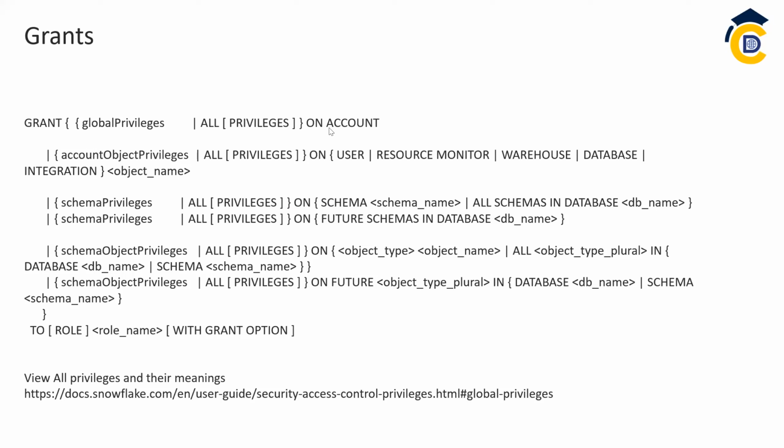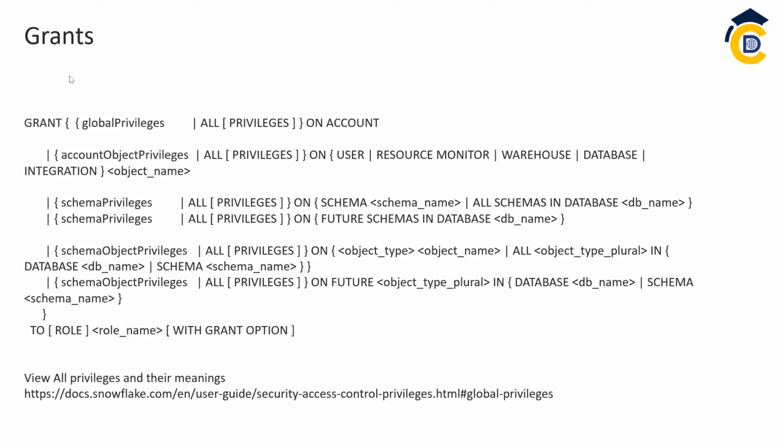Wherever it is mentioned as ON, it is on that level you're giving the privilege. So for example, on account. So on account level, you will give privileges. If it is on user, resource monitor, warehouse, database, integration, on these levels, you will give your privileges. And on schema level, then on object level, like tables and all that.